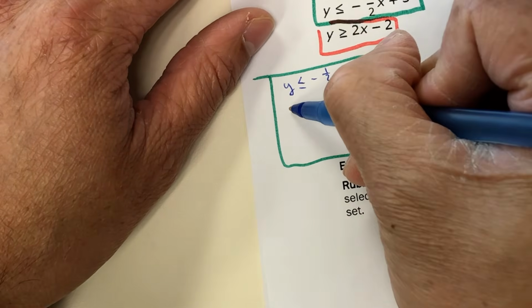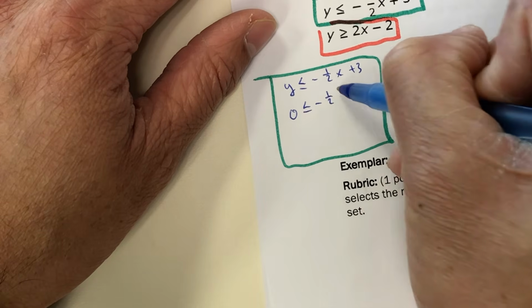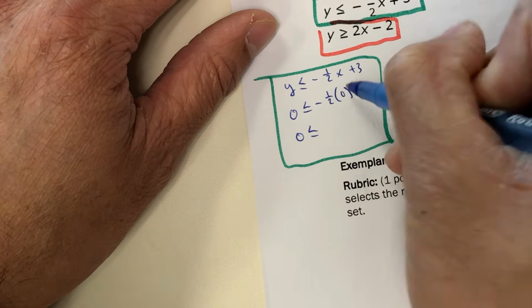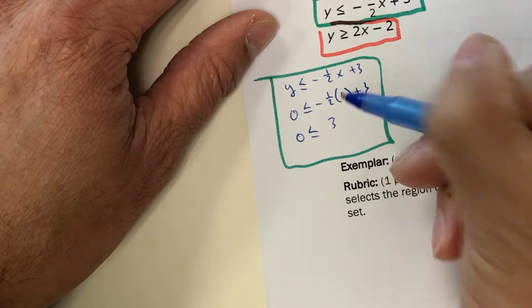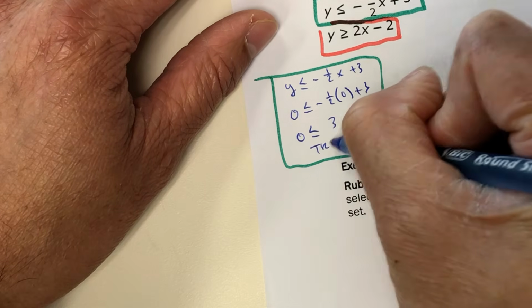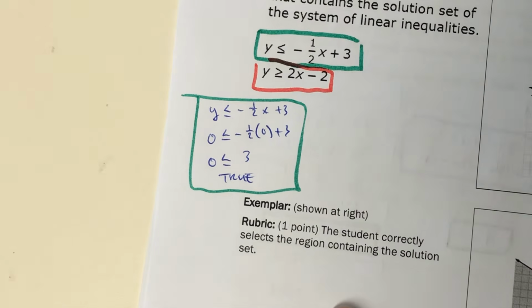So I'm just going to test 0, 0. I'm going to put in 0 for x and 0 for y. This becomes 0 and 0 plus 3. So the question is, is 0 less than or equal to 3? That is true. So for the green line, 0, 0 and everything on this side is going to be true. So I'm going to go ahead and shade that in.